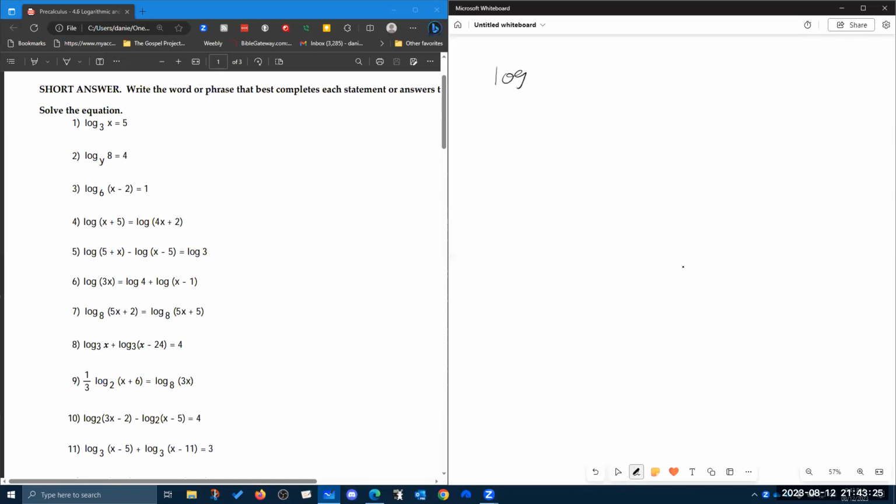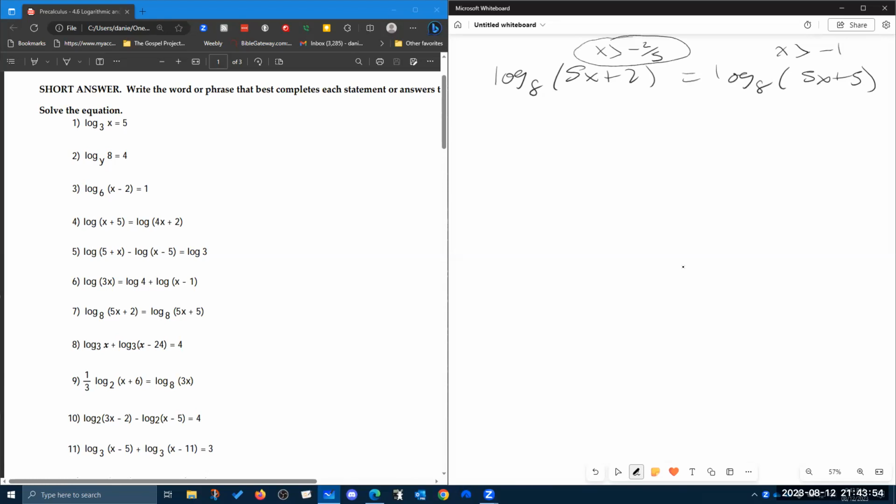Log base 8 of 5x plus 2 equals log base 8 of 5x plus 5. So if I drop the logs here in just a second, 5x plus 2 greater than 0, x greater than negative 2/5, and x greater than negative 1 here.